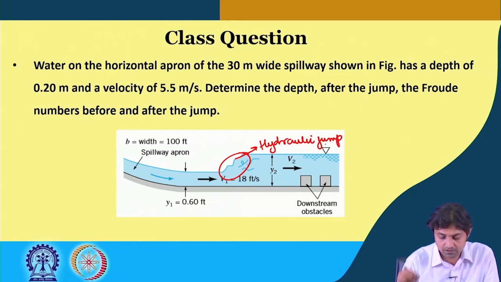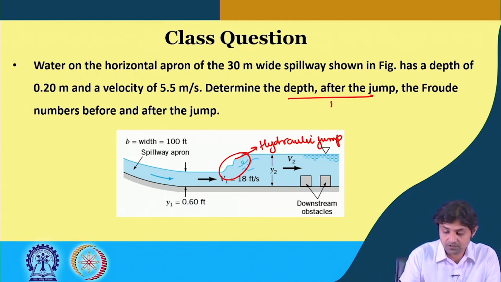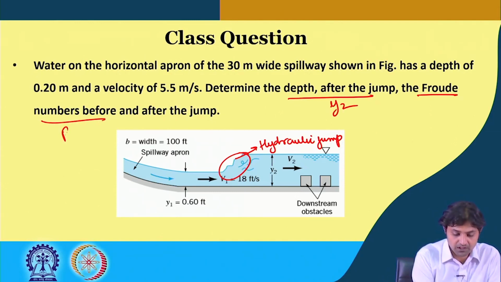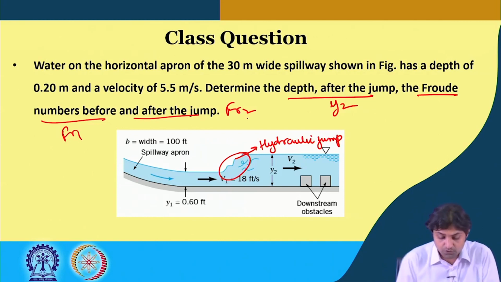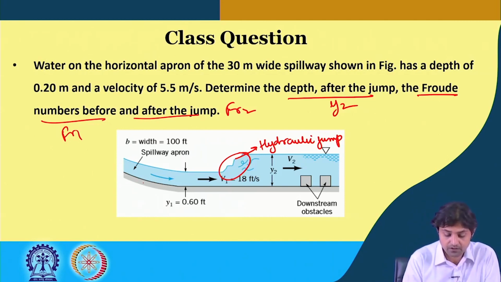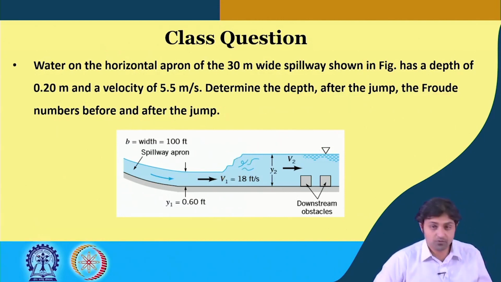And we have to calculate y2, the depth after the jump, Fr1, and after the jump Fr2, simple, right. So, we know the conditions here at number 1. It is pretty simple to calculate Froude number 1. We will go step by step, the way you should be solving.